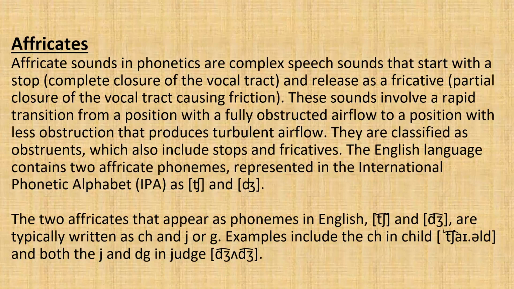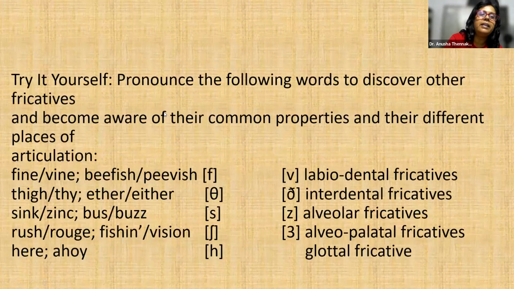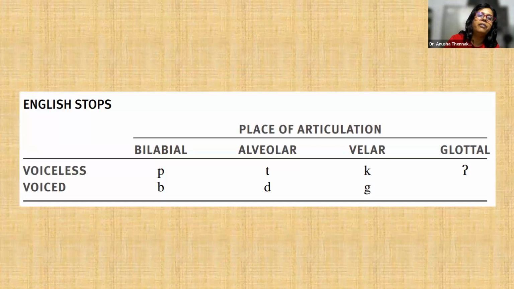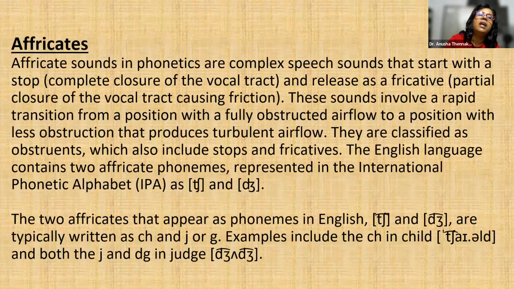Yes, ma'am. Okay, so affricates, that is a combination of what you learned early, that is actually stops and fricatives. So what we are learning now is that consonant sounds we can categorize as stops, fricatives, and affricates. In an affricate sound, stop is there and also fricative is there.